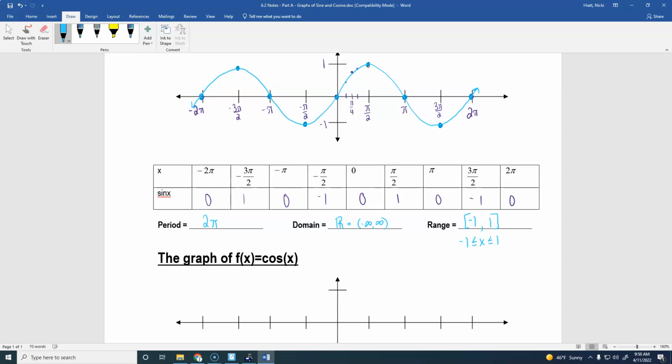And we talked about this a little bit earlier when we were doing law of cosines. It has to be between negative 1 and 1 because whenever we're talking about sine of theta, it equals opposite over the hypotenuse. And the hypotenuse has to always be larger, right? So it makes you think it shouldn't actually equal 1.